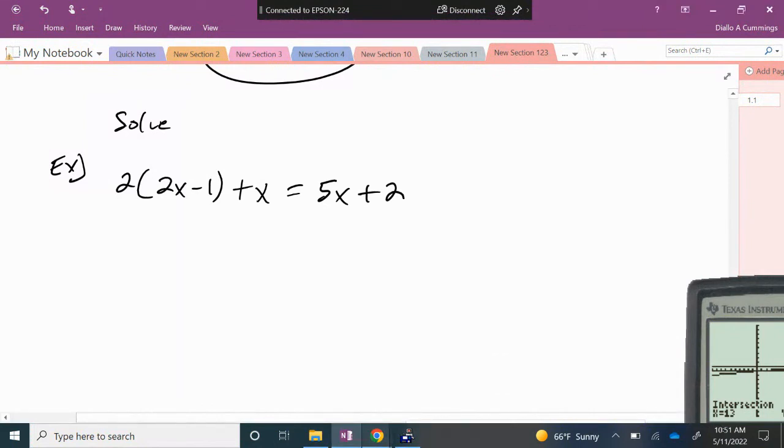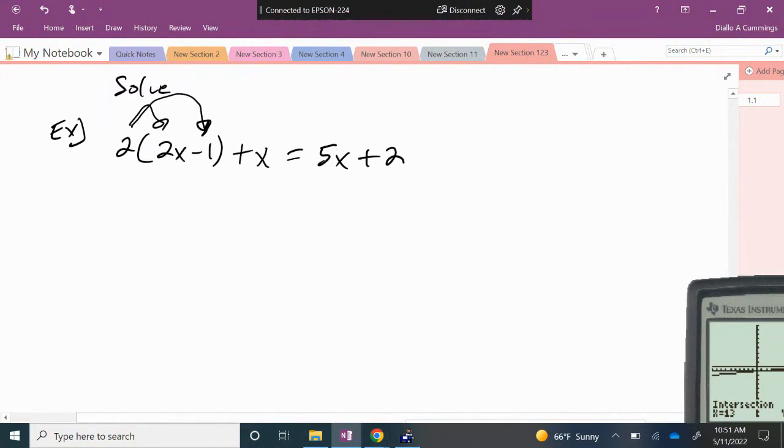So we're going to use the 6 steps. So we don't have any fractions, but we do have a set of parentheses. So we're going to remove the parentheses on the left-hand side by distributing, or multiplying by 2. All right, so 2 times 2x is 4x. 2 times negative 1 is negative 2. And I'm going to bring everything else down.